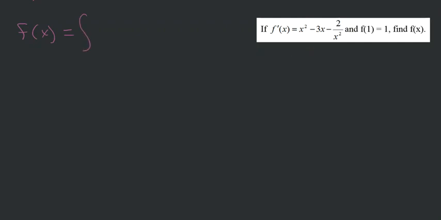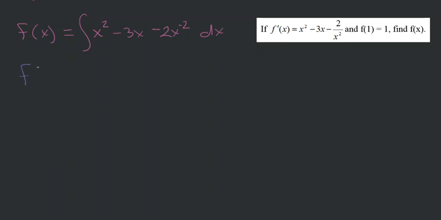So we're going to write down the derivative, which is x squared minus 3x minus, now let's do something here. We can't integrate that the way it is, so let's rewrite it from the beginning: minus 2x to the negative 2, and then we'll put the dx here, which says we're doing it in terms of x.